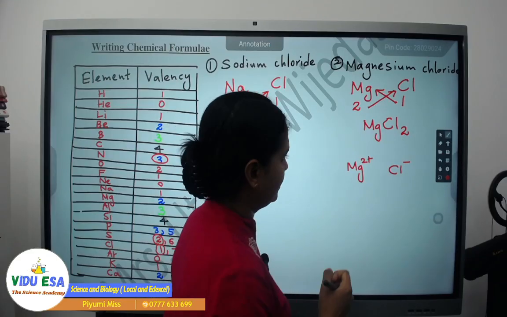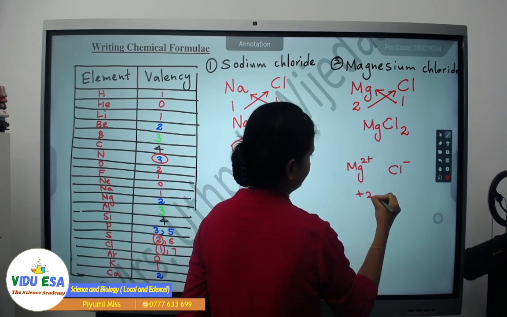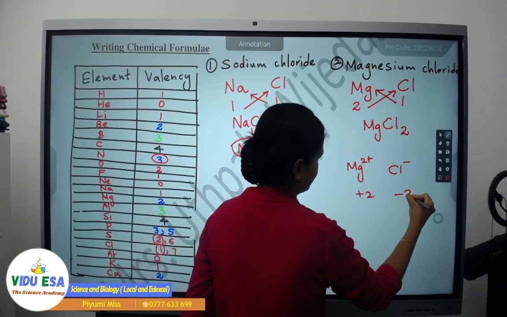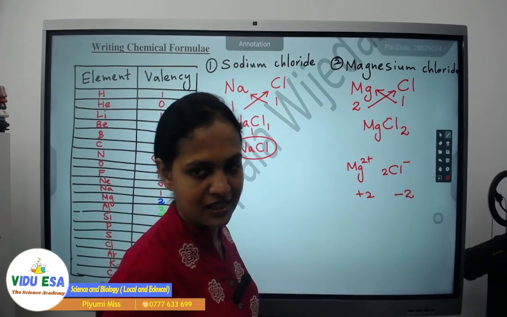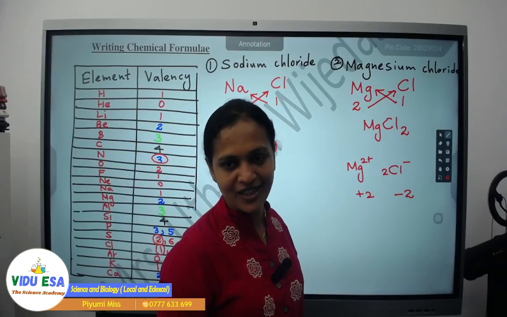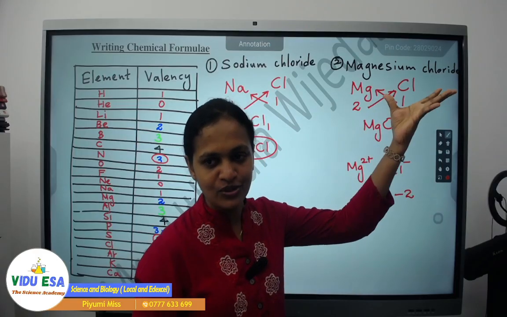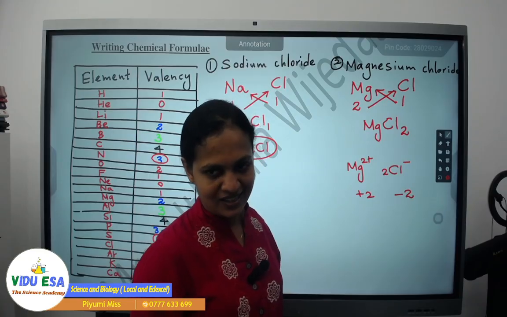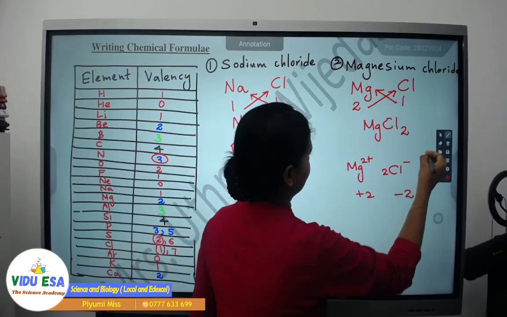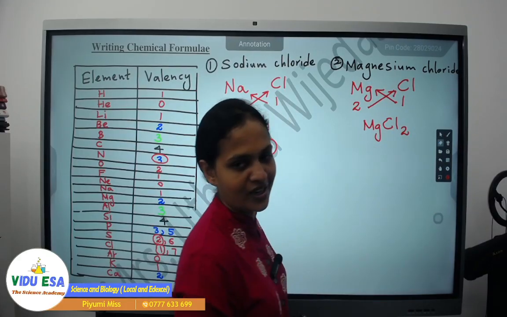So what should happen? When there is one magnesium, there should be plus 2. So for this to be minus 2, there should be 2 chloride ions. That is why we write this as MgCl2. Okay? Combining power to become neutral, because a molecule does not have a charge. That is what we do by exchanging. But this is the way that we have to write.